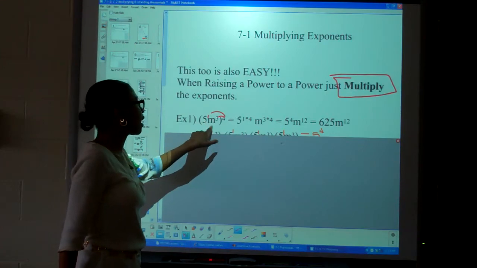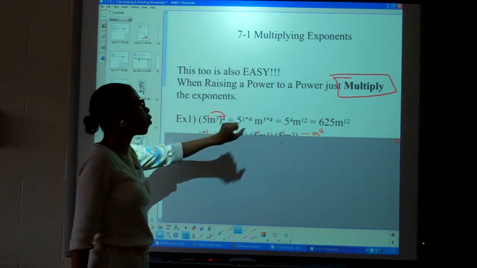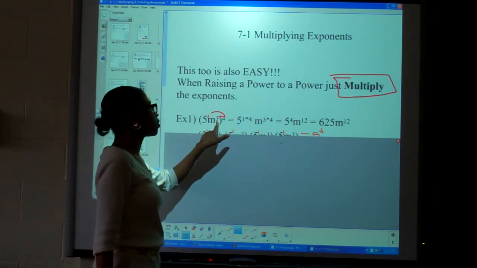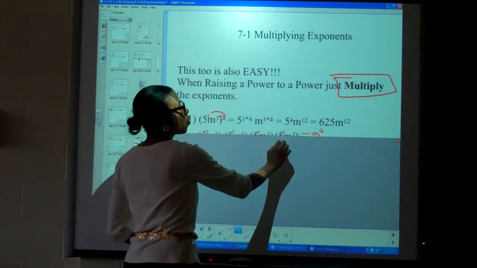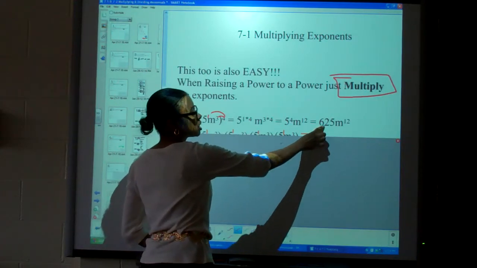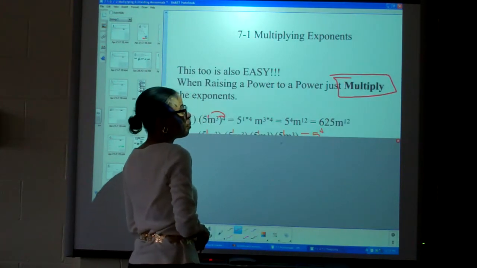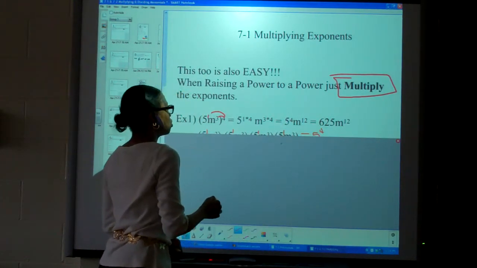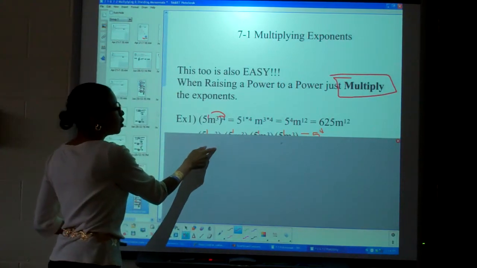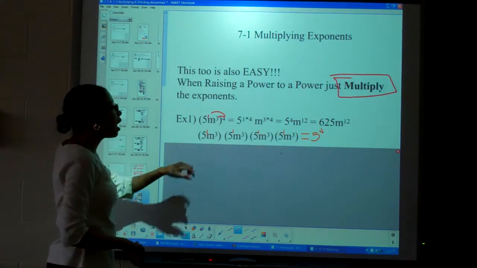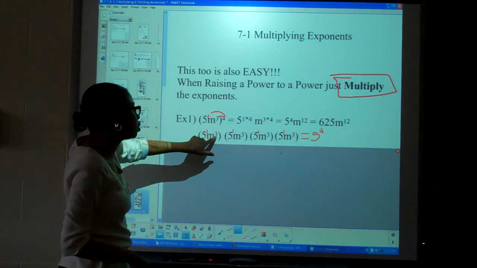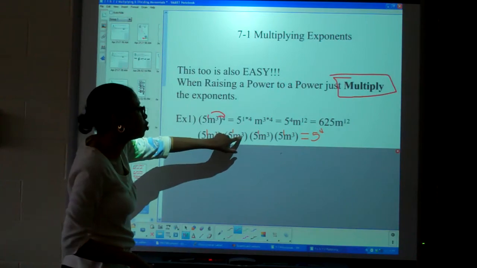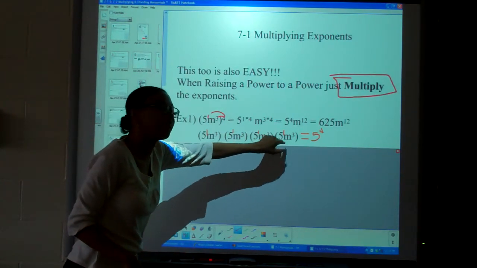So this is going to be 5 to the 1 times 4 power, m to the 3 times 4 power, which is 5 to the 4th, m to the 12th power, which is 625 m to the 12th power. 5 to the 4th is 625. Another way you could look at this is that when you raise it to the 4th power, that means you're doing 5m cubed times 5m cubed times 5m cubed times 5m cubed.